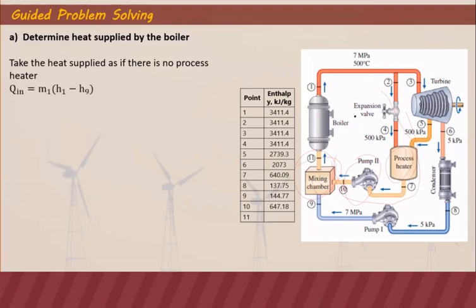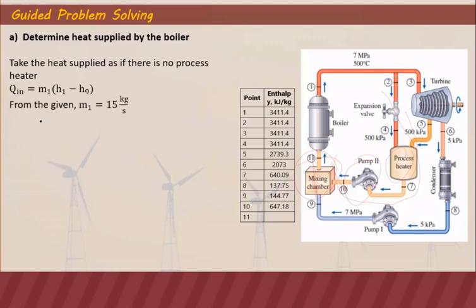And we can get that using the formula M1 (H1 minus H9). We use H9 because we don't have a mixing chamber anymore, meaning what you pump here at point 10 will automatically enter the boiler. And mass 1 is the mass flow rate in the boiler, which is also given in the problem, which is 15 kilogram per second.